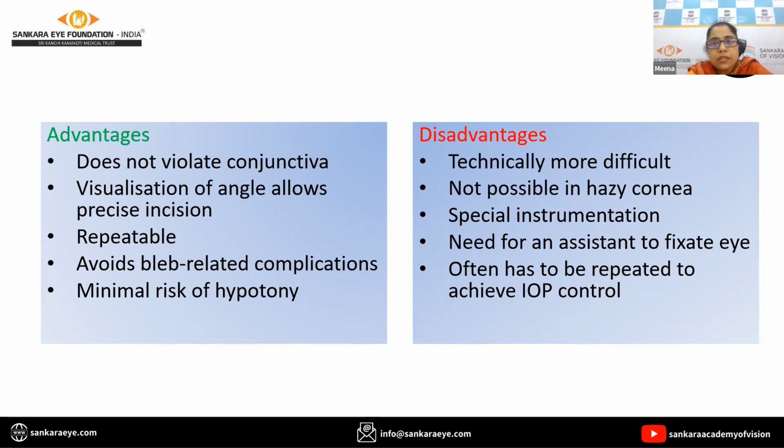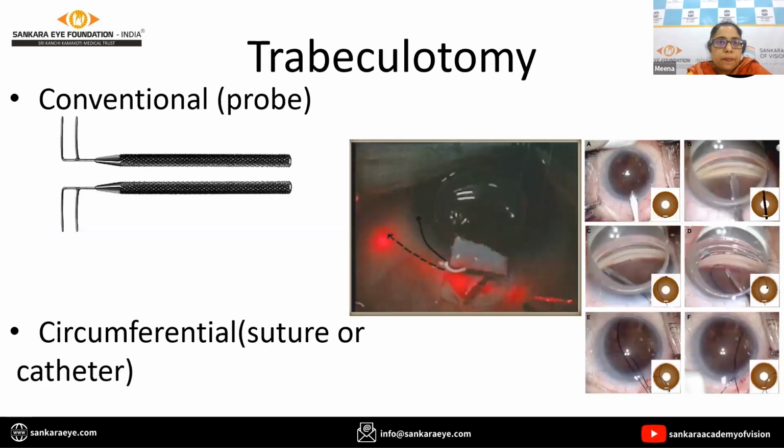Coming to the disadvantages, it is technically a little more difficult, and in hazy corneas it may not be possible to visualize the angles. It requires special instrumentation, that is a direct gonio lens, and you might require an assistant to fixate the eye. And it may have to be repeated. Sometimes a single goniotomy may not be adequate to achieve good IOP control.